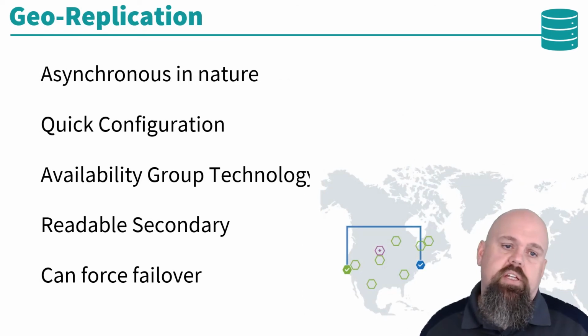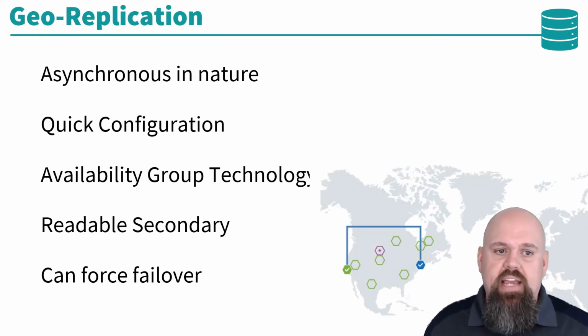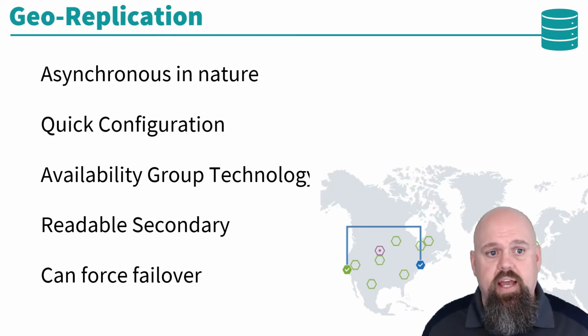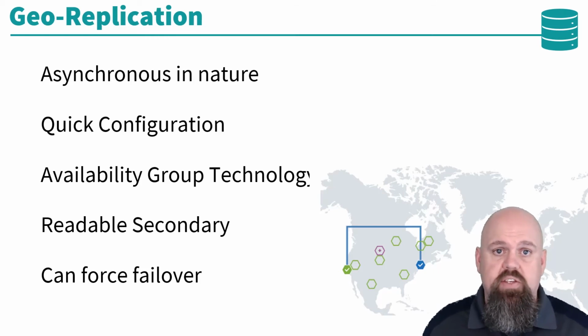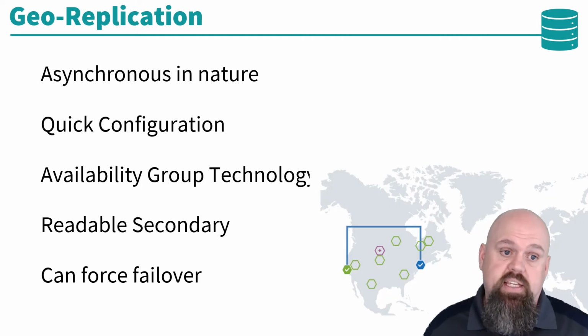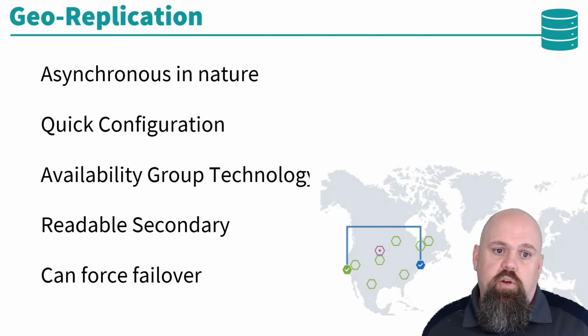So Geo-Replication, as I mentioned earlier, is for platform as a service. This is asynchronous in nature, but with Azure SQL database, I can use Geo-Replication to instantiate a replicated copy of the database in another region, or a replicated copy within my given region. It's really easy to configure. It does use availability groups technology underneath the hood.